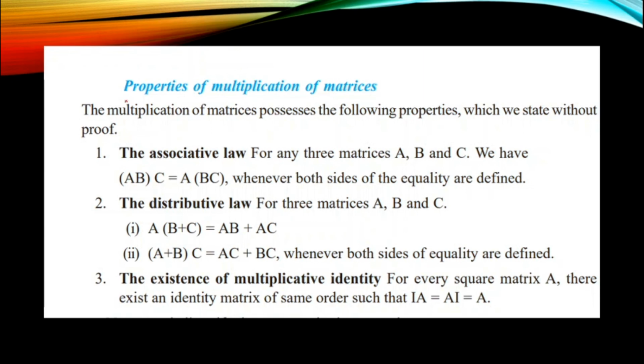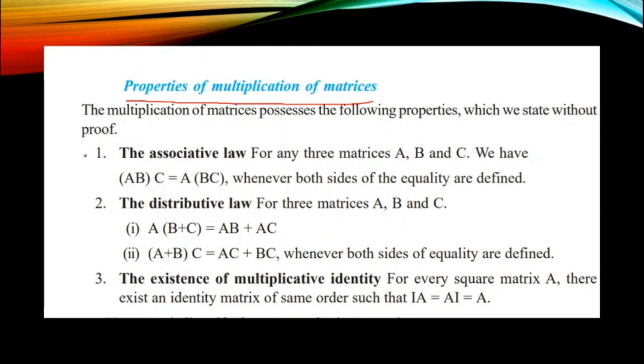We'll go for properties of multiplication of matrices. Already we have gone through two properties, that is non-commutativity of multiplication of matrices, and the product of two non-zero matrices can be a zero matrix.